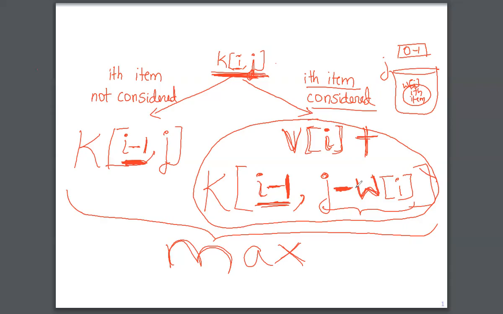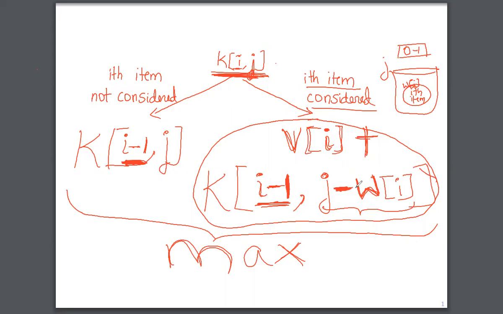Take a subproblem and look at the last item, or index, or character in a string, whatever. Take the end element, and check how you can recursively compute it, focusing on that last element. Remember in LCS, we looked at the last character of X, X of I, and the last character of Y, Y of J, and then we either removed it or inserted it, and recursively computed the problem.